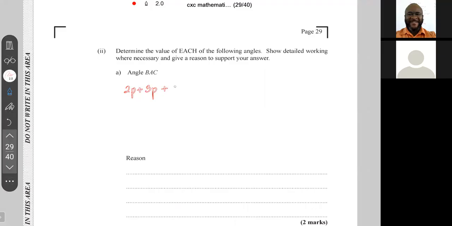The reason here is that these are the interior angles of a triangle.